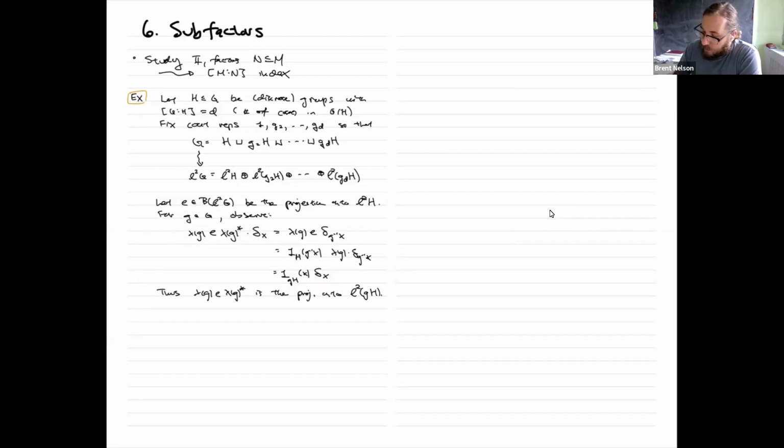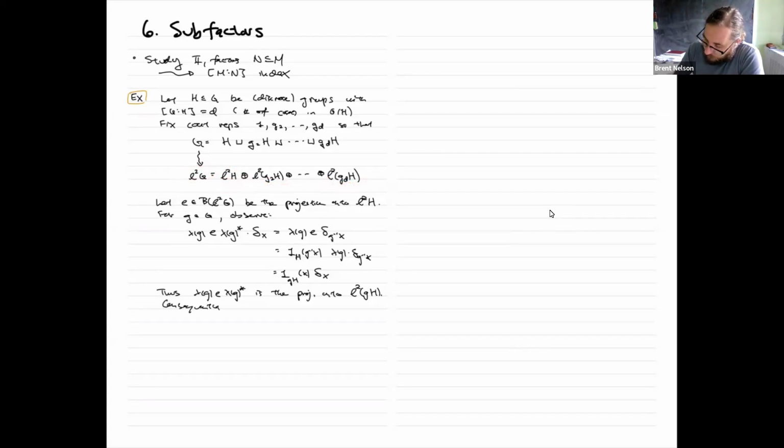Okay. So in particular, we can apply that for G ranging over my various coset representatives. I can take the projection onto this first subspace and turn it into projections on these other subspaces by just conjugating it by elements from my left regular representation. Moreover, since these subspaces are all orthogonal and join together to give me all of L2 of G, the projections onto them will sum up to 1.